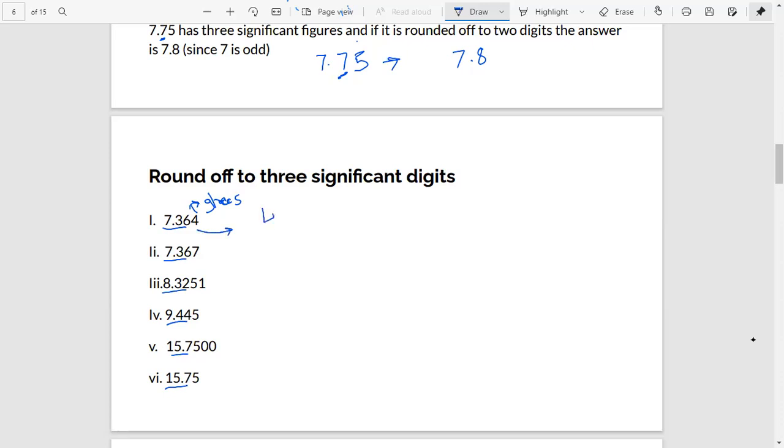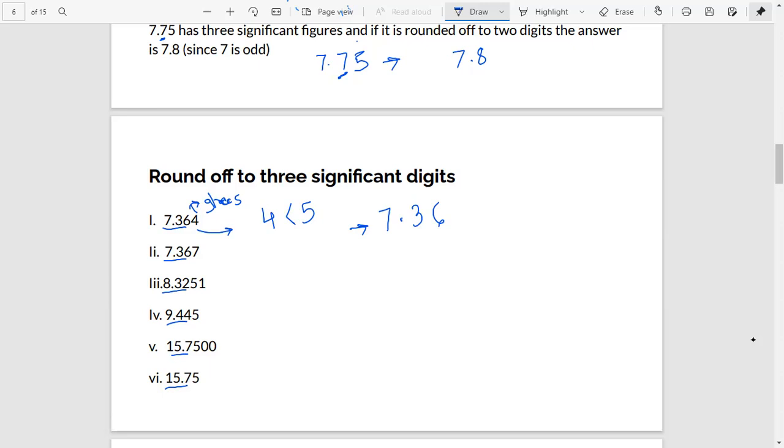So what do we need to do? We need to drop it as it is. So the answer is 7.36. We have dropped this 4 without changing this 6 because this 4 is less than 5.